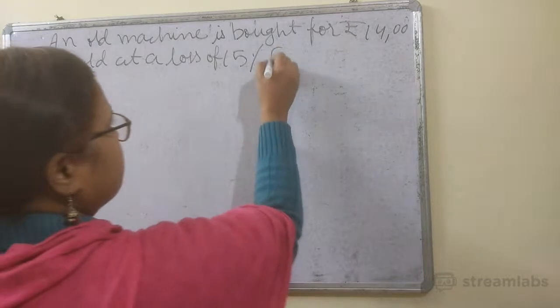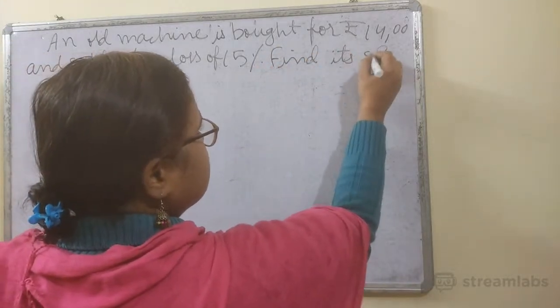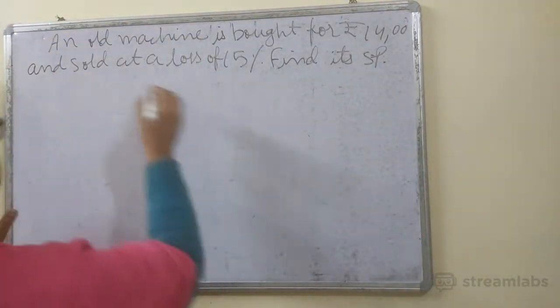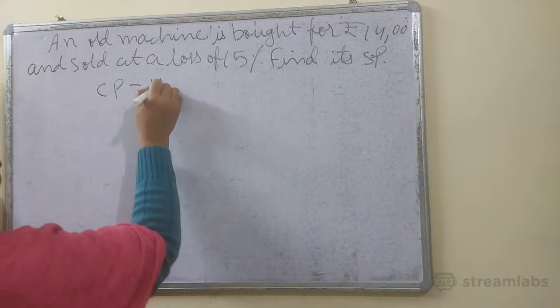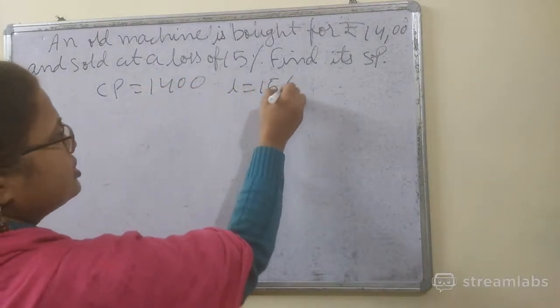Find its selling price. Find its SP. SP means selling price. Same way, what is given here? CP is given. The CP is 1400. Loss is given, 15%.